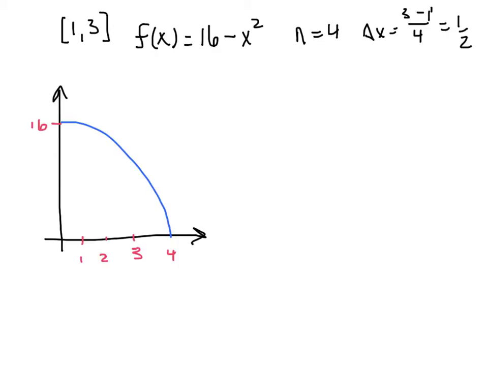We have our delta x, we have our n, which is our number of rectangles. Now what we need is our representative values for x. If we're going to draw 4 rectangles, and we're going to start at the point x equals 1, this is our starting point, then our list of subintervals will be from 1 to 1.5, from 1.5 to 2, from 2 to 2.5, and from 2.5 to 3.